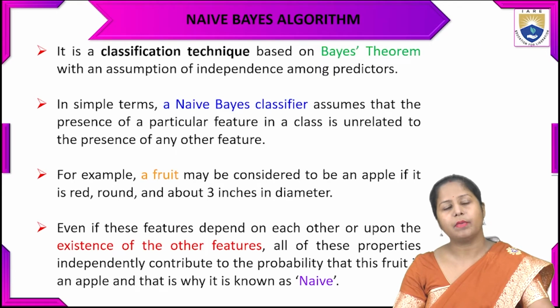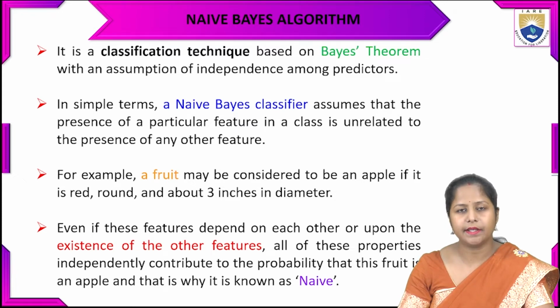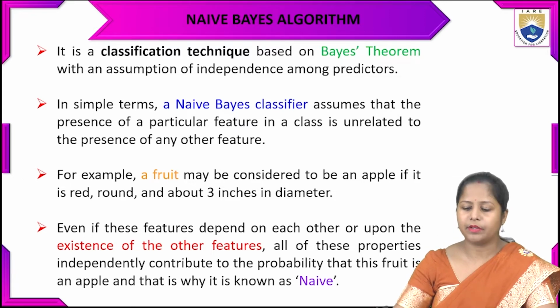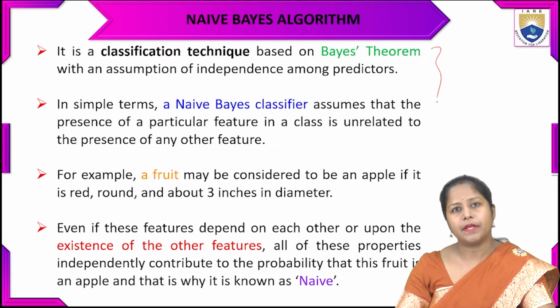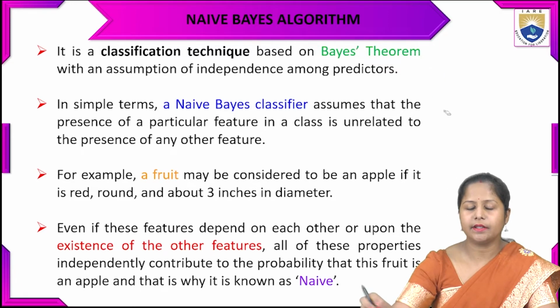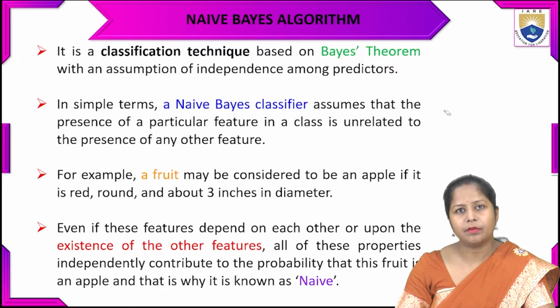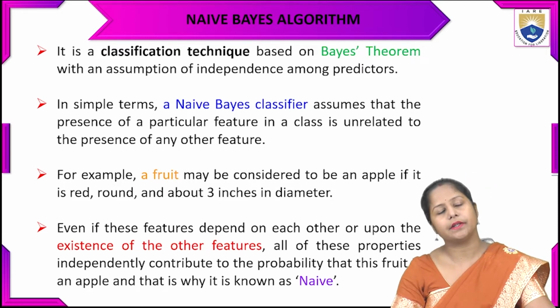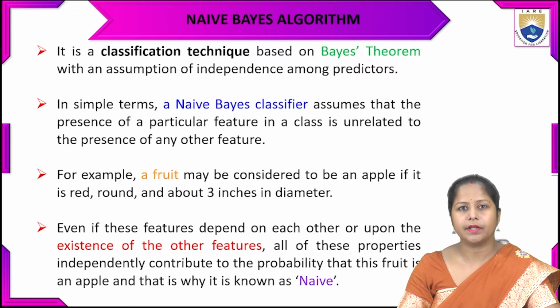Naive Bayes theorem is basically a classification technique or method based on the Bayes theorem. Bayes theorem is a probability-based rule, which we have seen in the last session. It is a classification technique based on the Bayes theorem with an assumption of independence among the predictors. We have to predict the unknown class here.